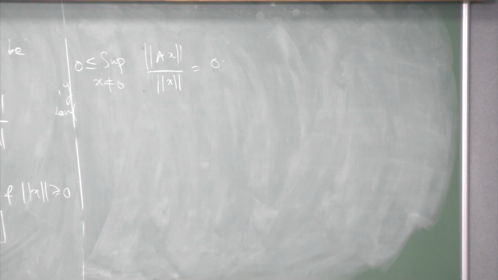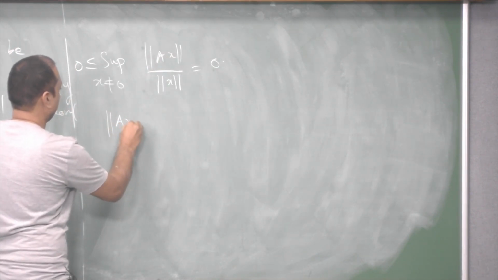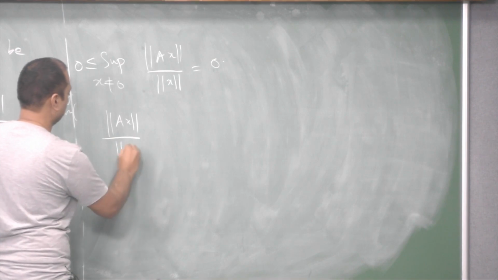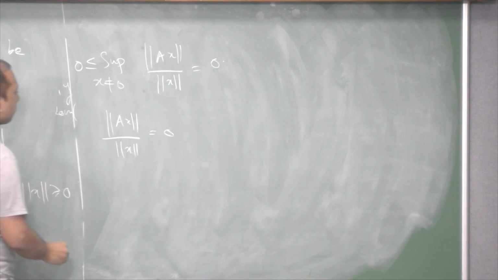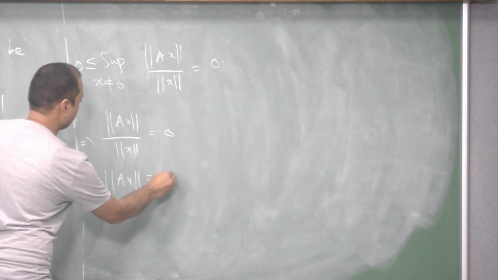Now from there, what do I conclude? So this guy is 0, which implies norm Ax is 0.